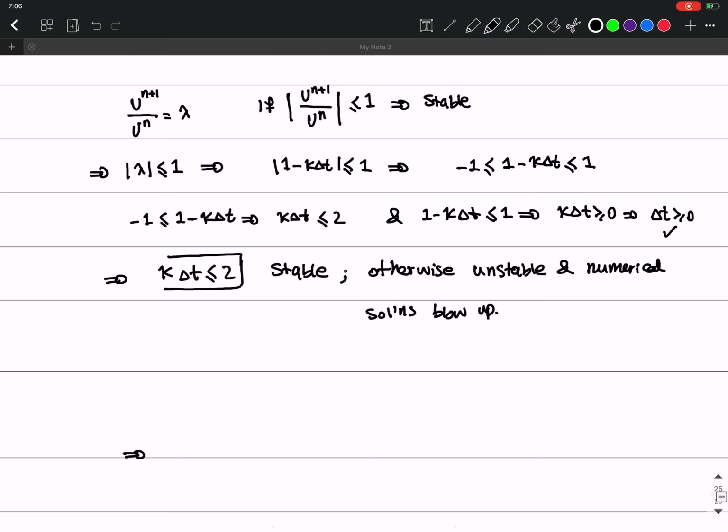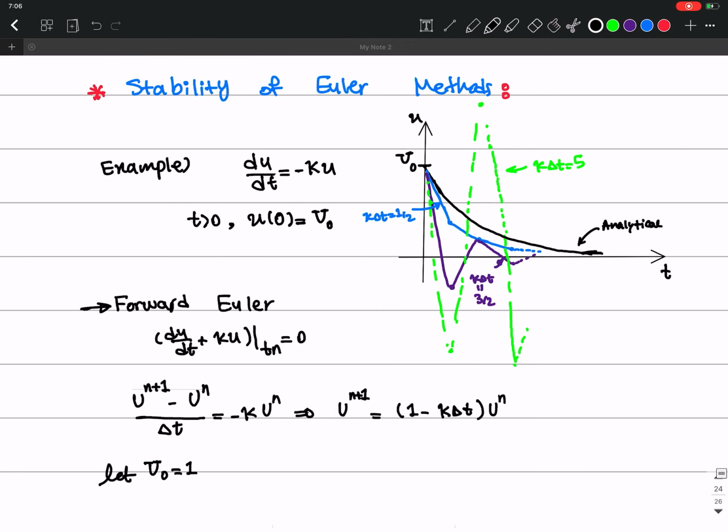So this means we have conditional stability in this situation. Conditional stability for forward Euler method. Okay?